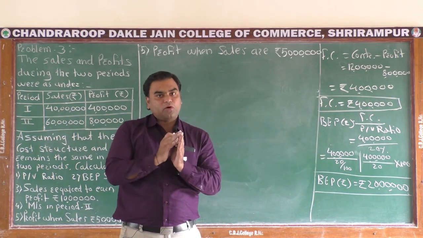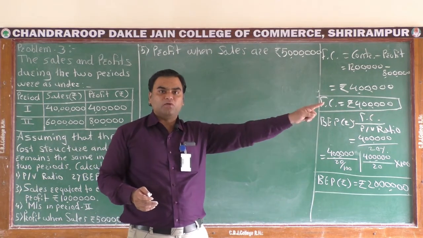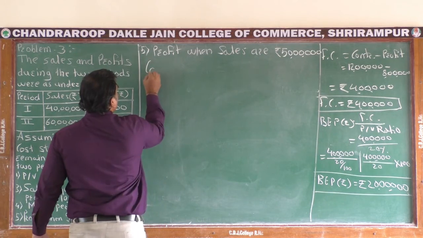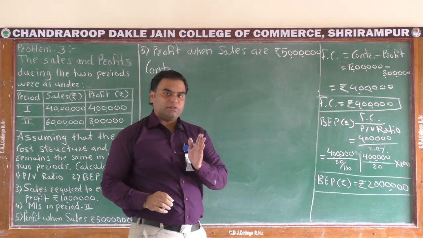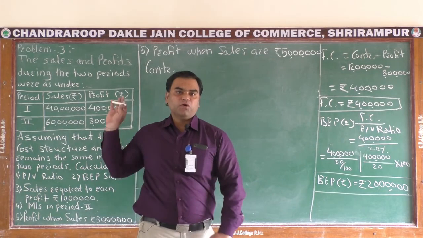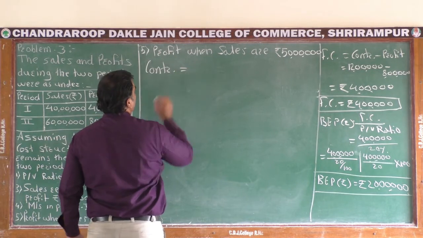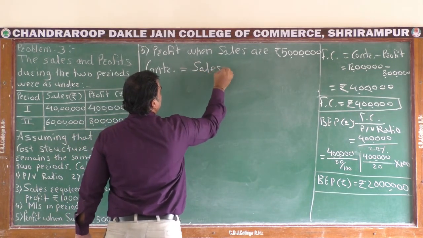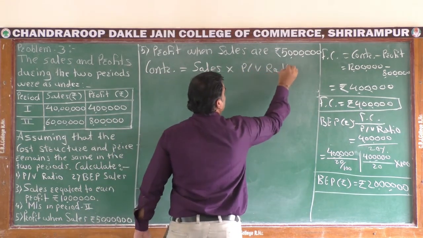Then from the amount of contribution, we will deduct fixed cost. Then remaining amount will be the amount of profit. So first of all, we will have to calculate the amount of contribution, by using PV ratio. Contribution is equal to sales into PV ratio.